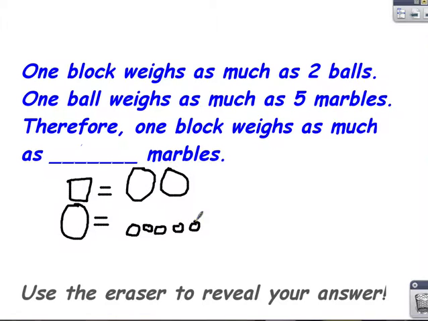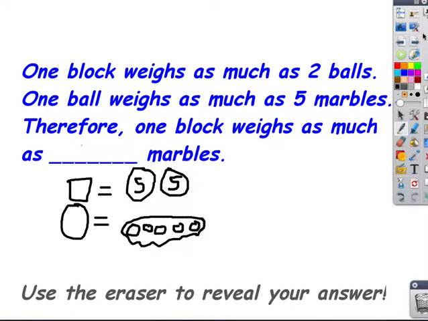The question says, therefore, one block is equal to how many marbles? Well, we could think that there are 5 marbles for 1. So we could say that there are 5 marbles here, and there are 5 marbles for this one, to get us a total answer of 10.